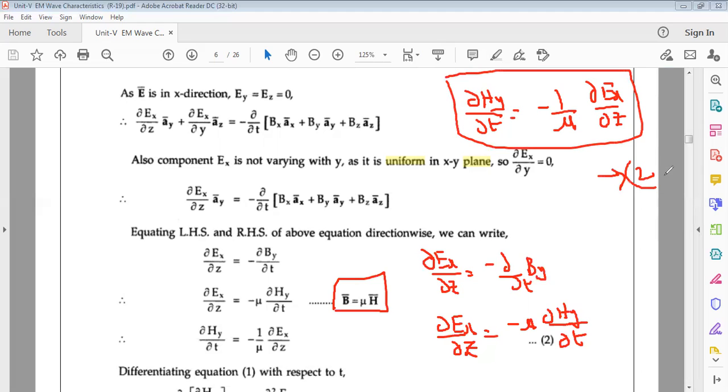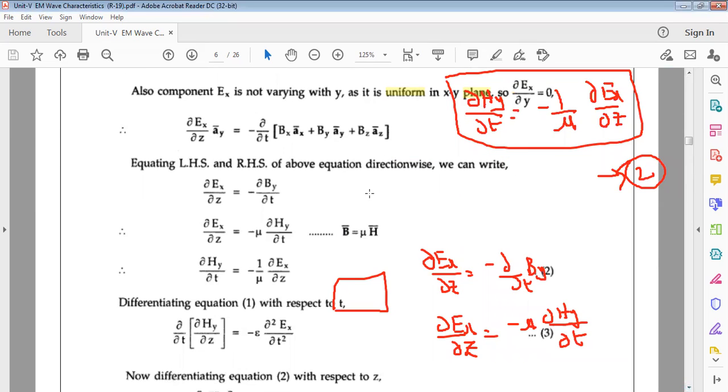It's the second equation. Understood? By Faraday's law we derived this equation, and by using Ampere's modified circuital law we derived the other equation. We got dou Hy by dou t is equal to minus 1 by mu into dou Ex by dou z. Got it, my dear friends? Then here, we take both sides, differentiating equation 1 with respect to t. What is equation 1?